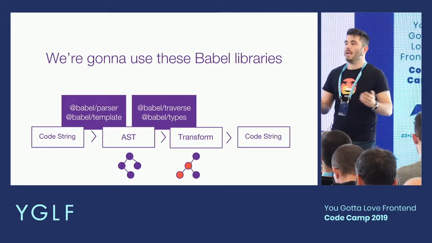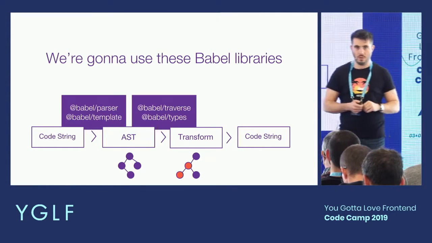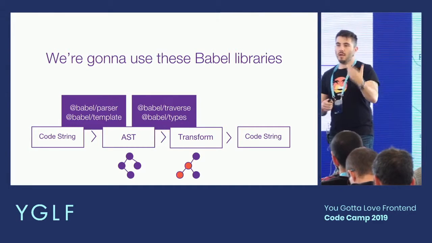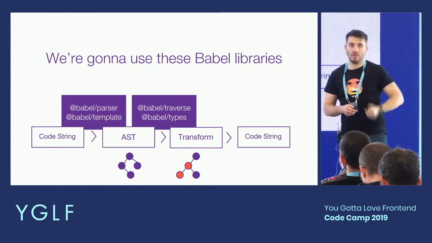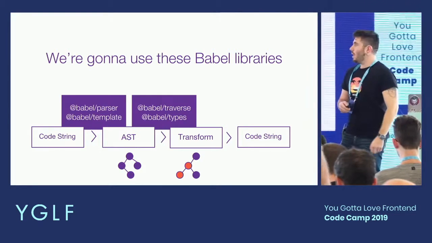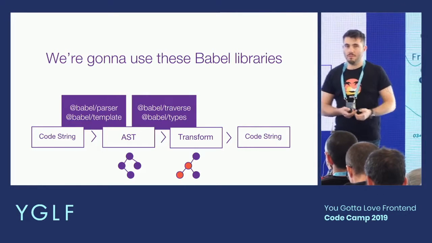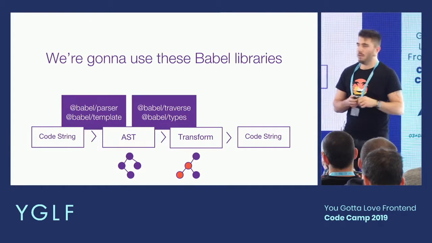For example, I can say, look, I'm only interested in variable declarations. And whenever that happens, a callback we have provided will be called with the node that represents the thing we're interested in. The problem is that, similarly to the DOM, the API provided for each node is pretty crappy.